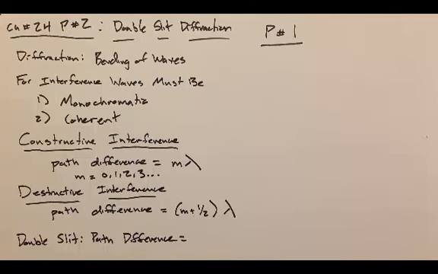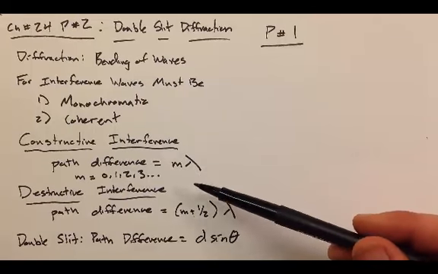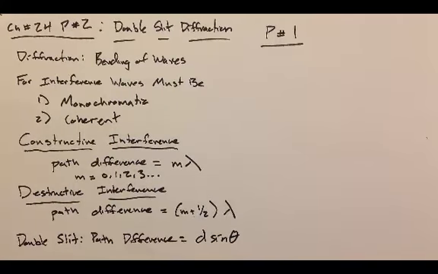With double slit diffraction, you have two sources of light; each slit is acting like a source. And the path difference is d sine theta, where theta is the angle to the place where the waves are hitting, and d is the separation between the two slits. So, constructive interference is an integer number of wavelengths, destructive is a half integer number of wavelengths.